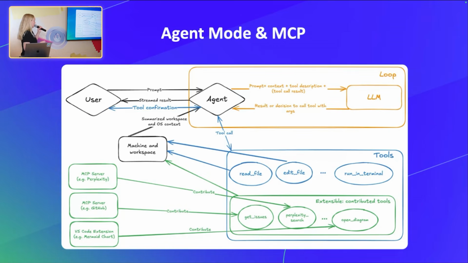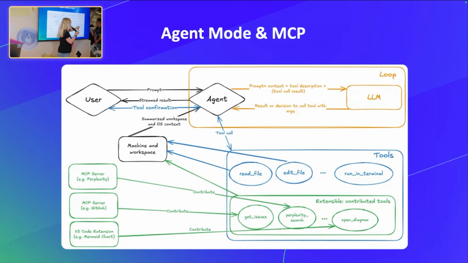And I would be remiss if I didn't show you the entire diagram of how it works, which is a little confusing, but this is what we're going to be making today, an MCP server. An MCP server contributes a tool. There are also tools here in blue that are built into VS Code. So read file, edit file, run in terminal, those already exist in VS Code today.